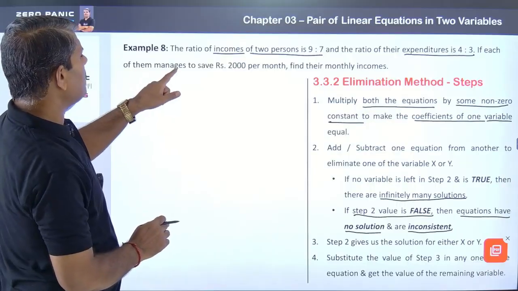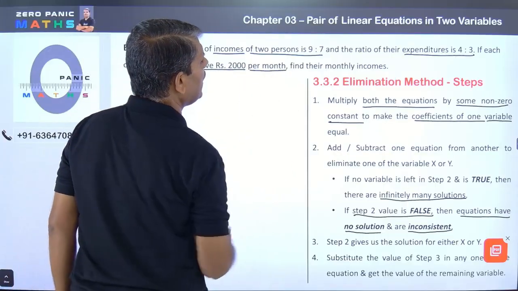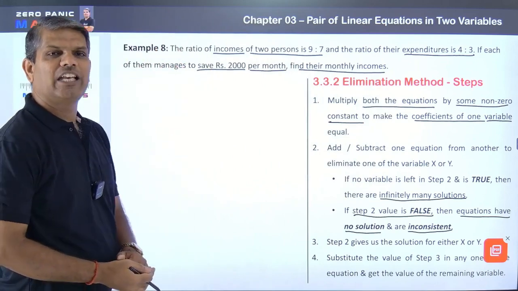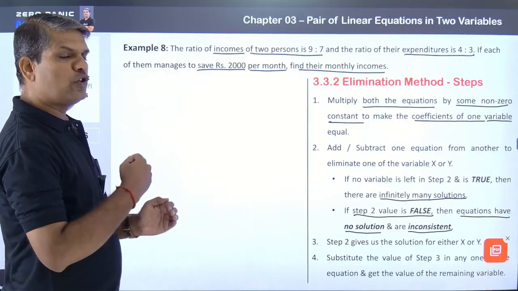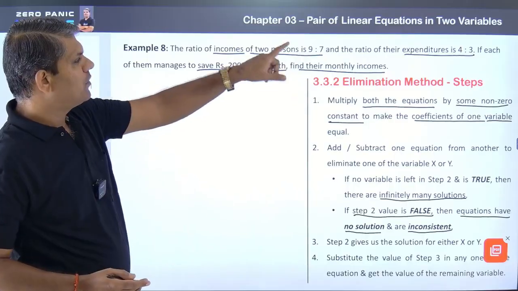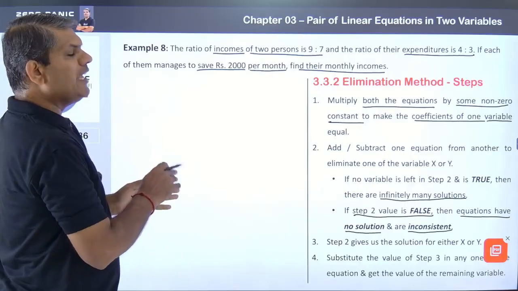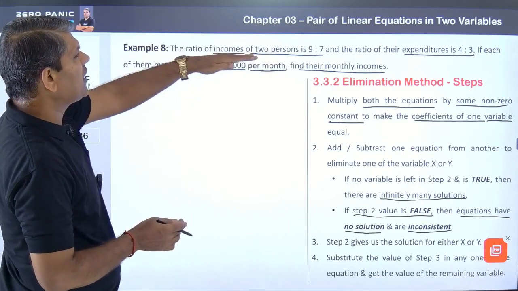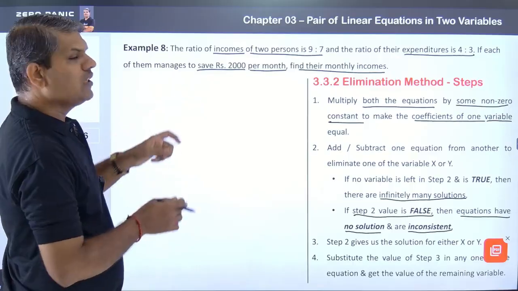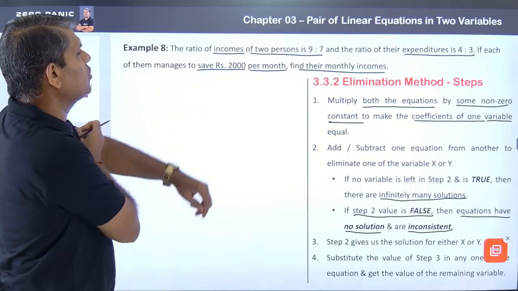If each of them manages to save 2000 rupees per month, find their monthly income. Now we have to assume the monthly incomes and monthly expenses of both the persons by x and y, so that we can represent the income ratios and expenditure ratios, which will give us linear equations.